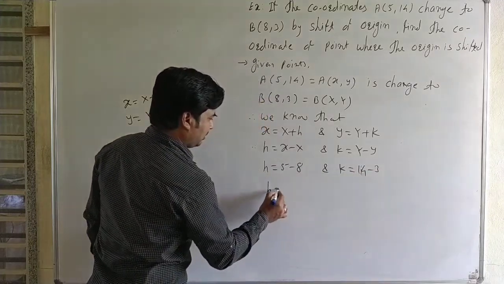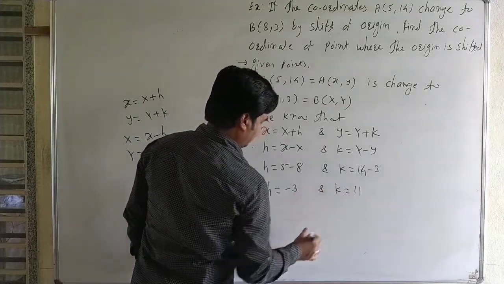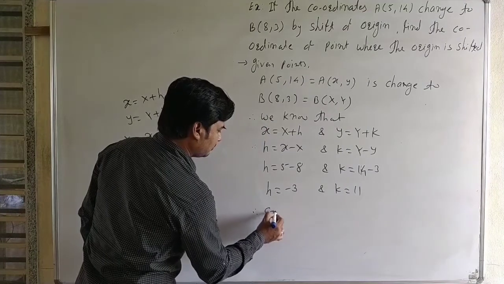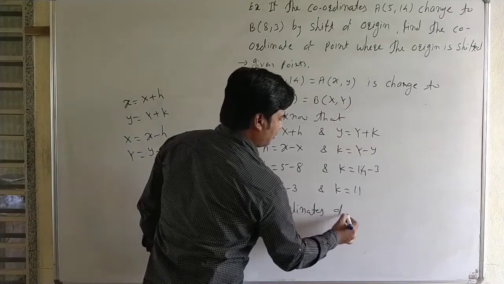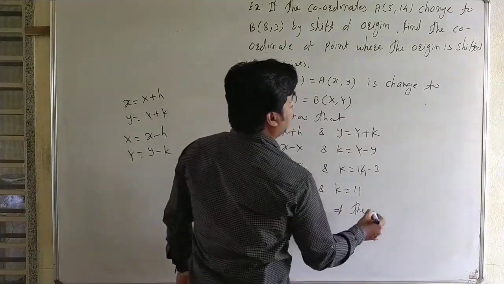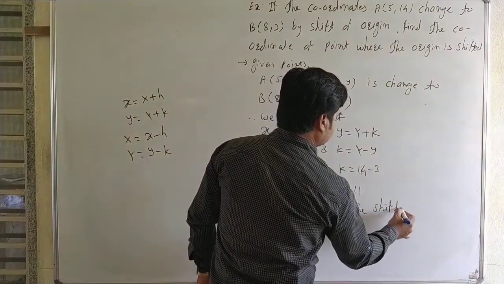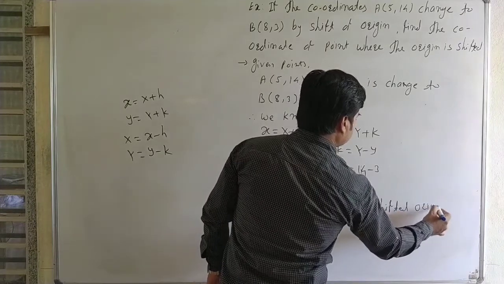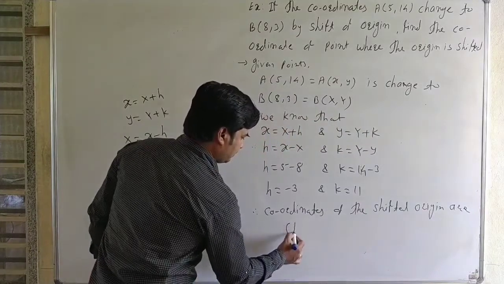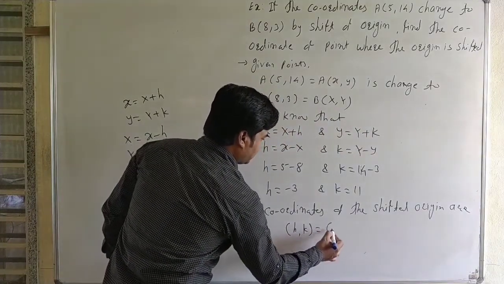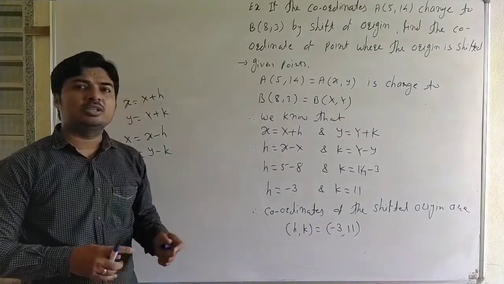Therefore h is equal to minus 3 and k is equal to 11. Therefore the coordinates of the shifted origin are (h, k), that is (minus 3, 11).